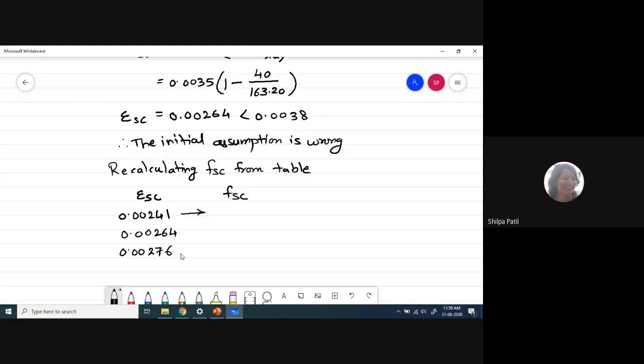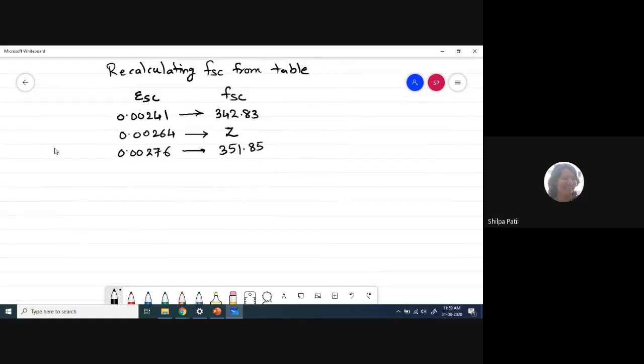Now corresponding to this epsilon SC value, what is our stress? Can you tell me from the table? 342.83 and 351.85. Correct. Corresponding to this, we want to find the unknown term Z. So let us do the interpolation.